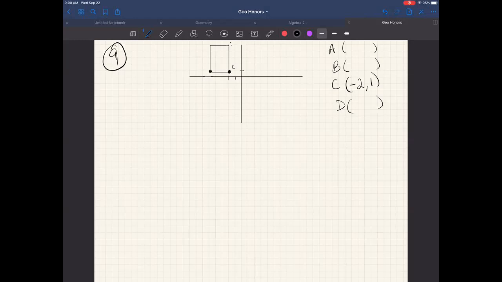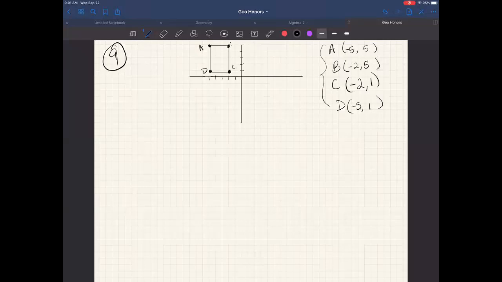You can just write it like I'm doing here with the A, B, C, D, and then the points right next to it. So point D is -5, 1. A is -5, 5. And B is -2, 5. Okay, so it has those coordinates.